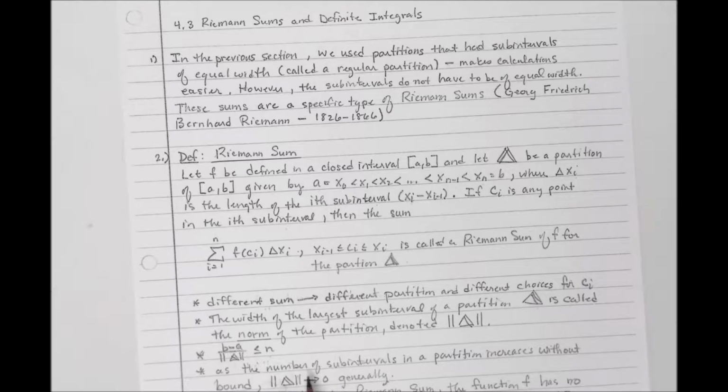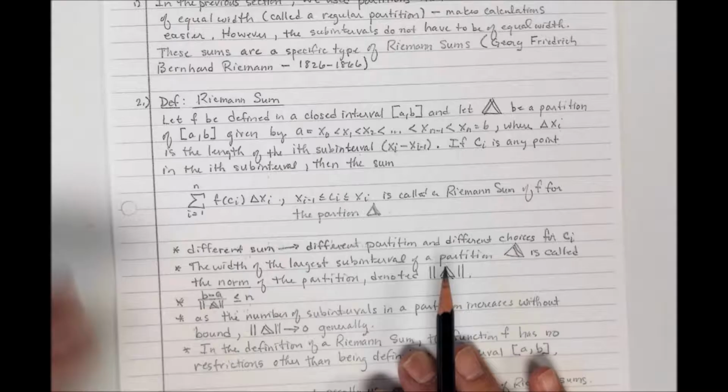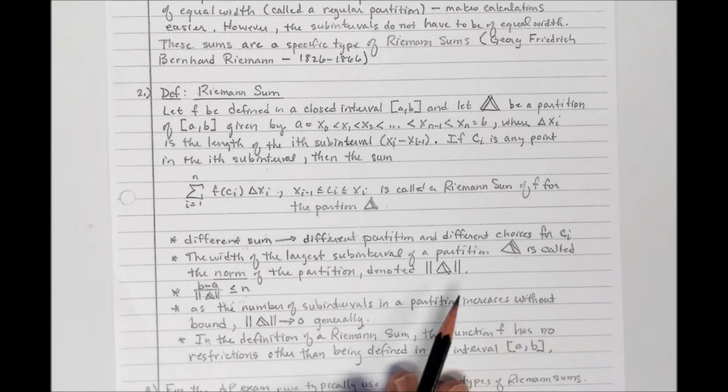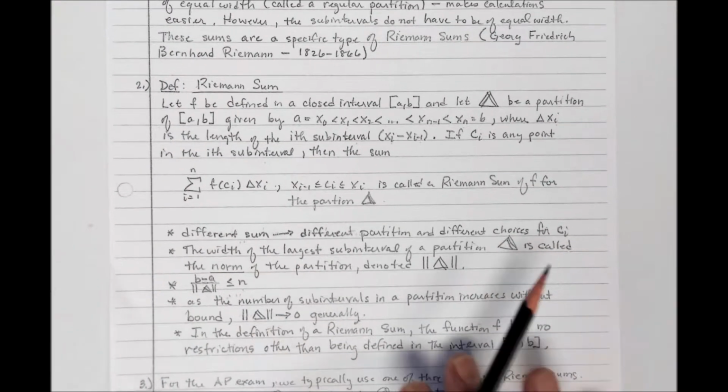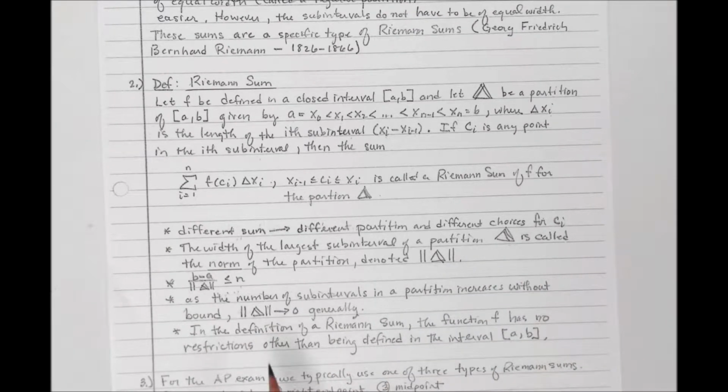As the number of subintervals in the partition increases without bound, the largest subinterval is going to go to 0, at least generally. So instead of the notation where we let n go to infinity, we take the norm of the partition and let that go to 0, because if the largest subinterval goes to 0, that means the number of subintervals is getting larger and larger.